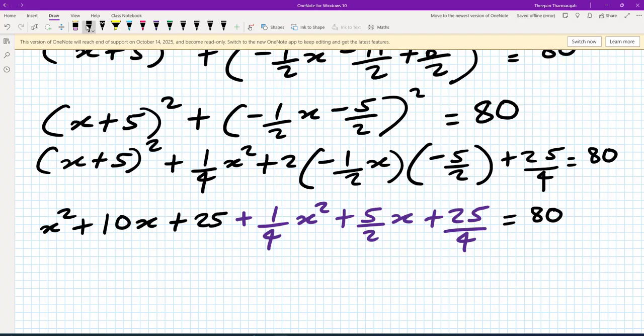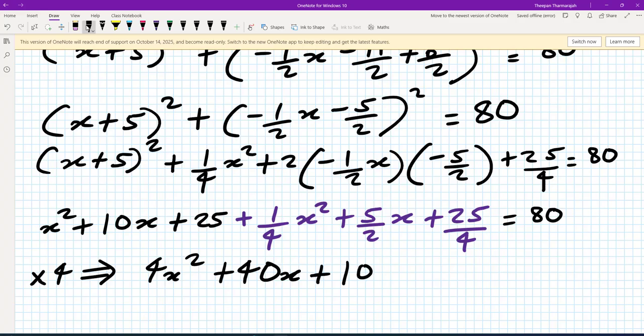So now we're going to times throughout by 4 to get rid of the denominator. So I get 4x squared plus 40x plus 100 plus x squared. Times it by 4, we get 20 over 2, which is 10x plus 25 equals 320.